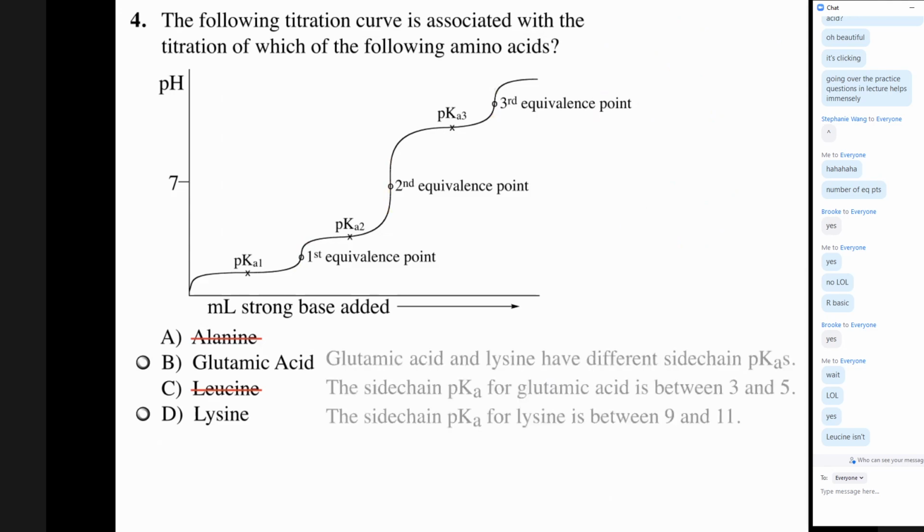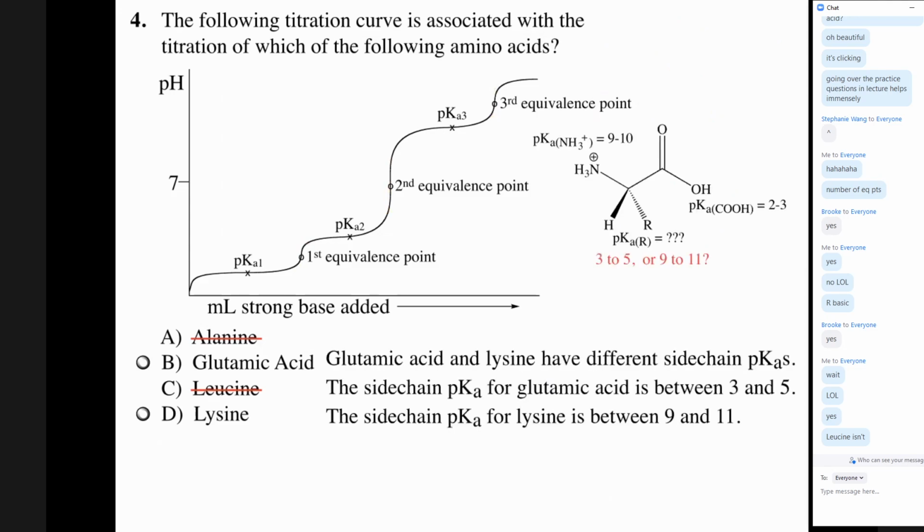And so now I want to look at this a little more carefully. When I look at this compound, how many learned the N terminal is around 9 to 10? So I'm just going to say my 9 to 10 looks like it's around there because that's above 7. And carboxyl terminal, 2 to 3. Carboxyl is always the lowest.